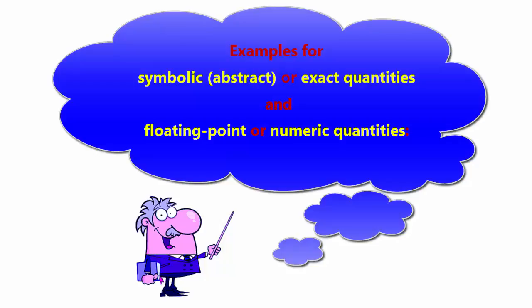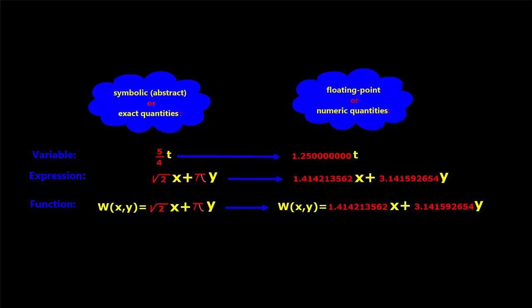Examples for symbolic, abstract, or exact quantities and floating point or numeric quantities. Exact or symbolic, abstract quantities, such as 5/4 t, the square root of 2x plus pi y, W(x, y) equals the square root of 2x plus pi y.